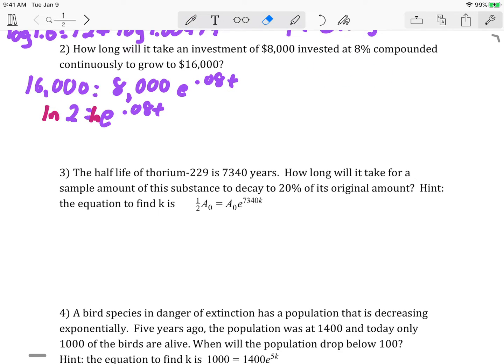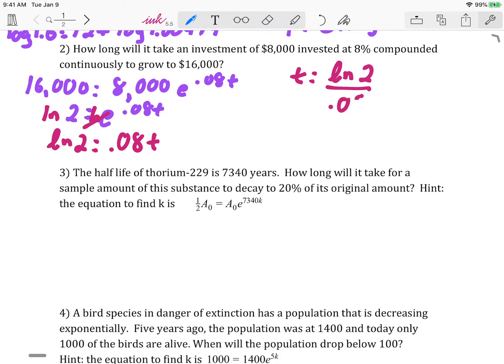So when you have the natural log of e, that's gone. It just leaves you the natural log of 2 equals 0.08t, because the natural log of e is 1. Well, now I want t by itself, so that gives me the natural log of 2 divided by 0.08. I put that in my calculator, I get 8.7 years.